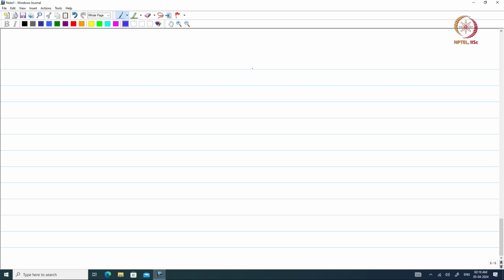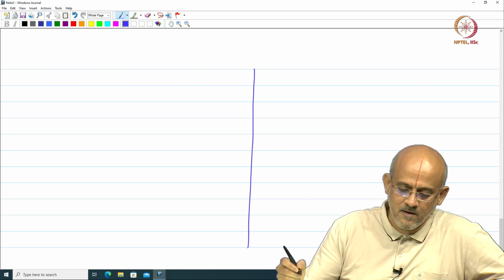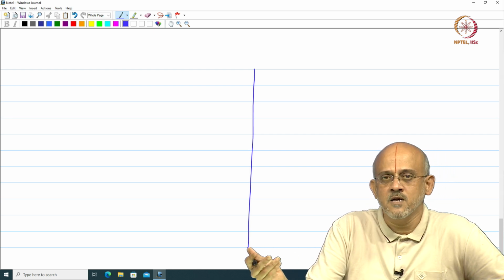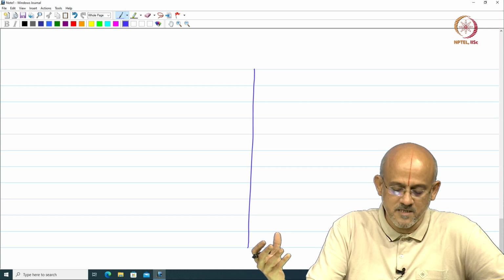So what are the operations that we can do on a coordinate independent entity, and what are the operations that we can do on a coordinate dependent entity?